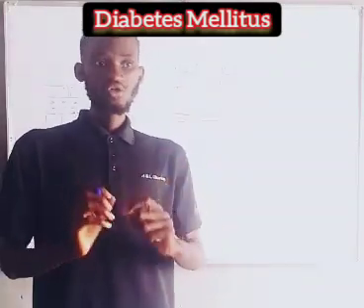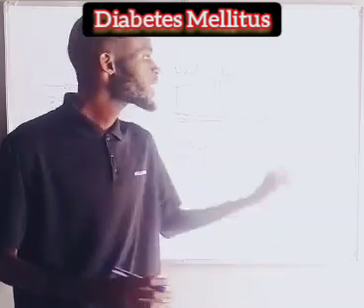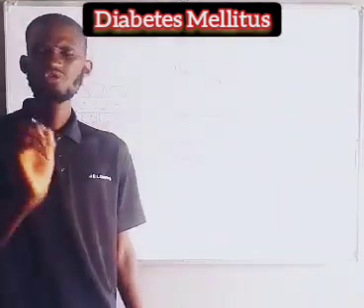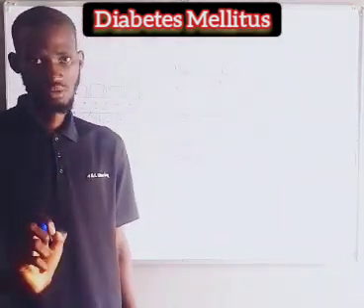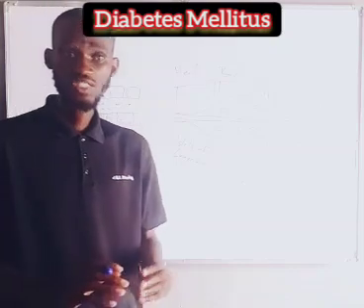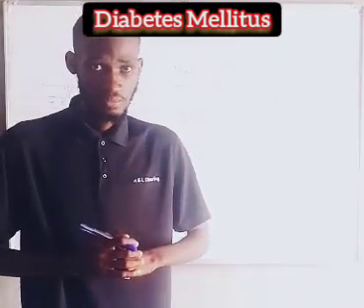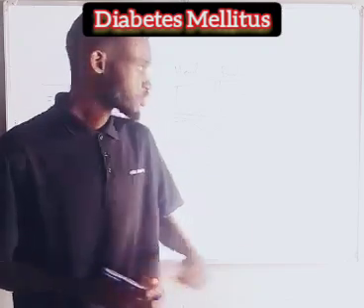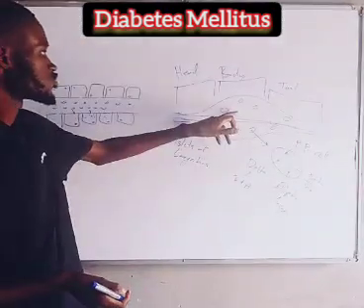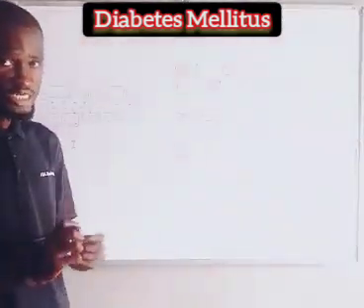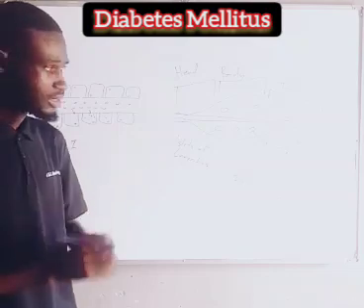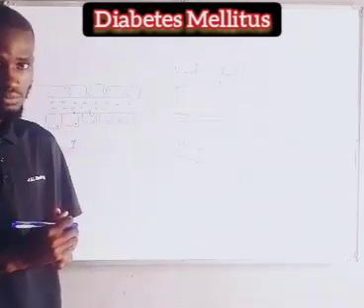The reason is that the pancreas cannot produce enough insulin to regulate the sugar levels in the blood. So in type 1 diabetes, there is no or little production of insulin by the beta cells.